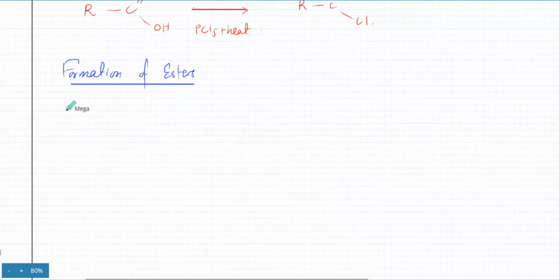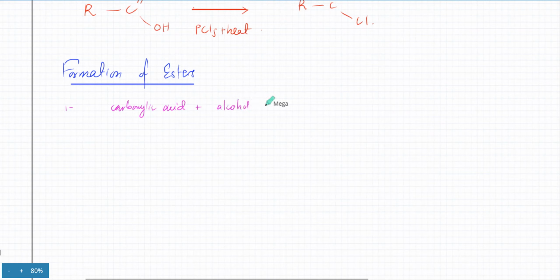One way is that you react a carboxylic acid with an alcohol, and that results in the formation of an ester molecule and a water molecule. So that is one way.